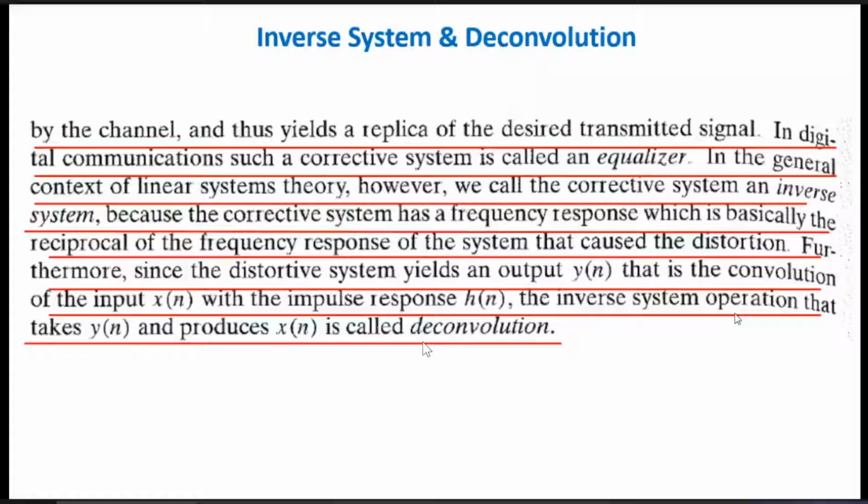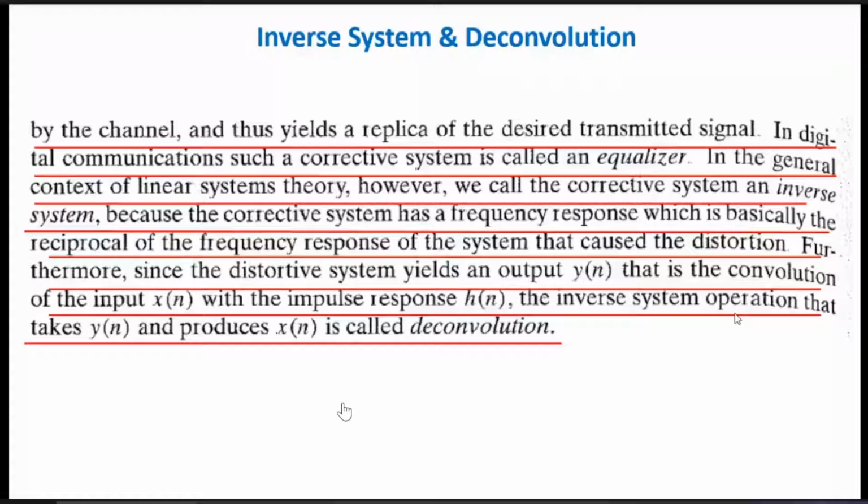That type of system, which does some corrective action, is called an equalizer. So any unknown effect or phenomenon that causes some disturbance is nullified by one system that is called an equalizer.